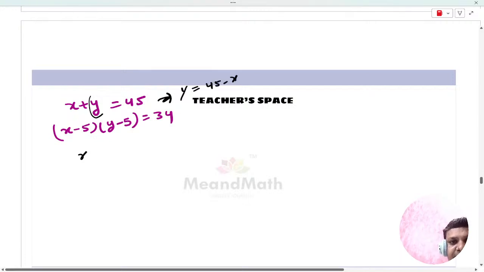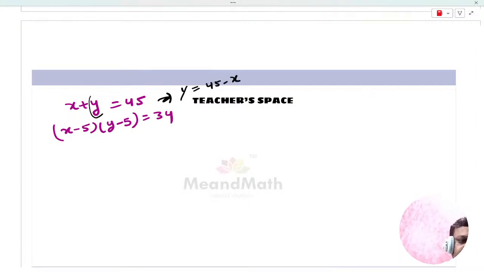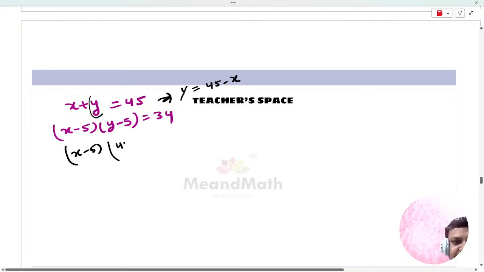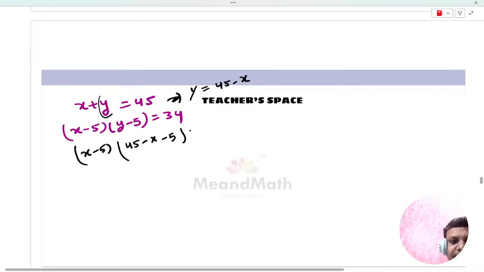45 minus x. So here x minus 5, 45 minus x minus 5 is equal to 34.